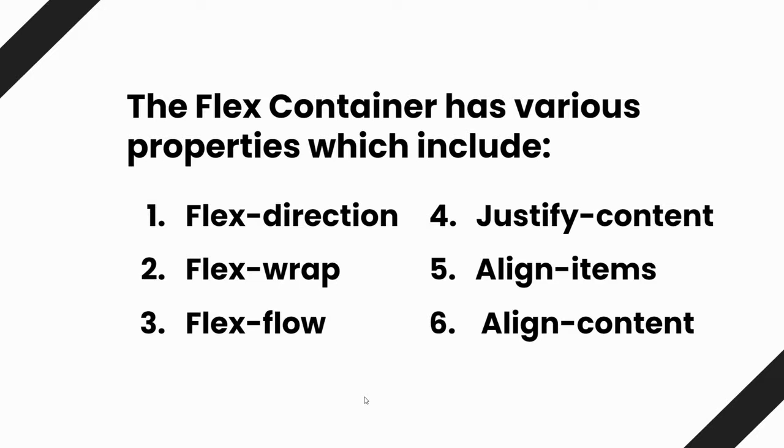On the other side, we have the justify content, which is followed by the align items, and lastly the align content. So we'll be seeing each of these properties and how they work, and we'll also see how they actually perform. That's on VS Code.